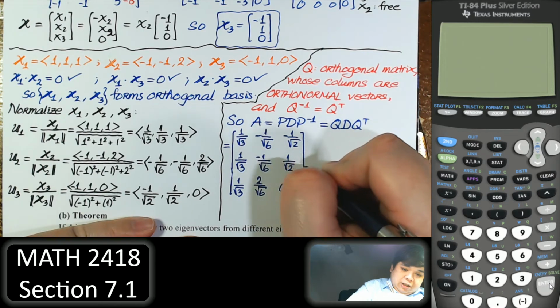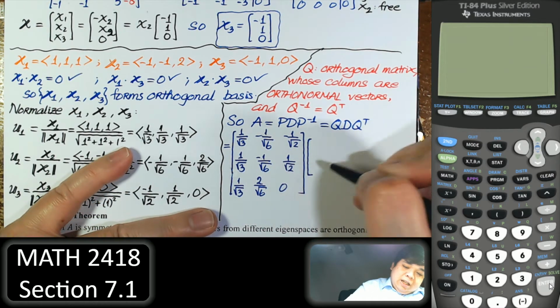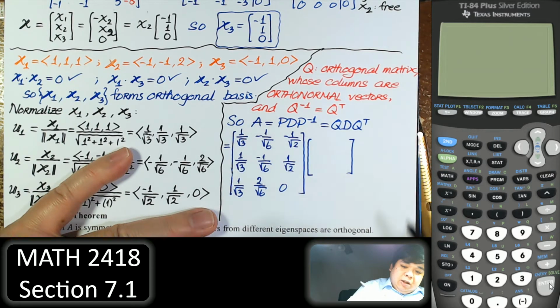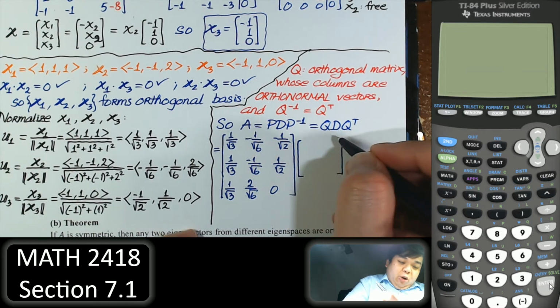So that is Q, and then D, of course, is the diagonal matrix of eigenvalues.